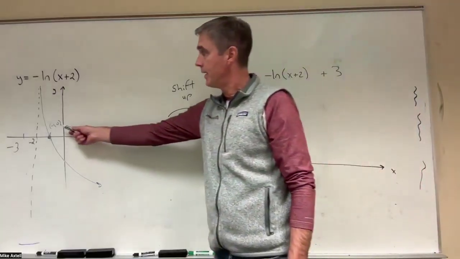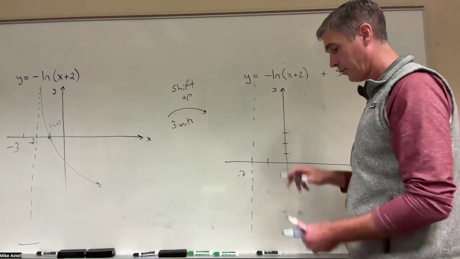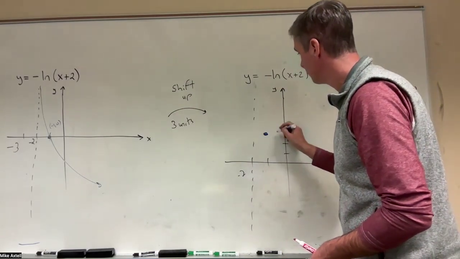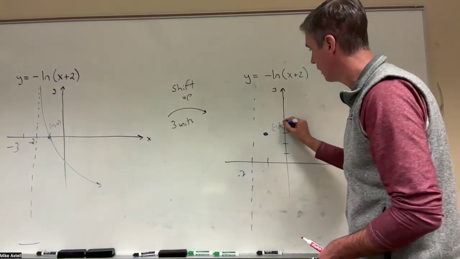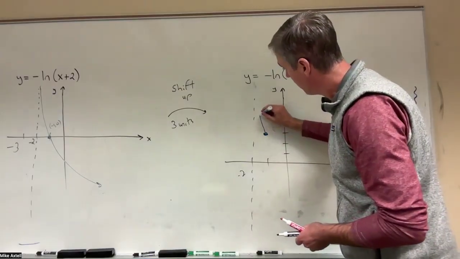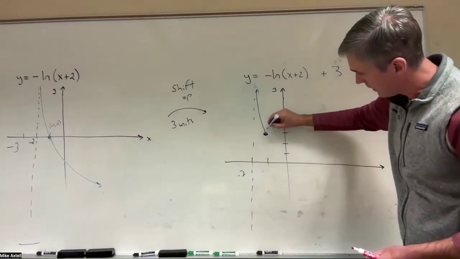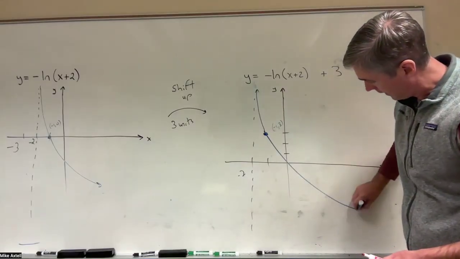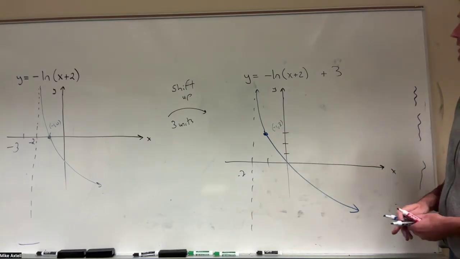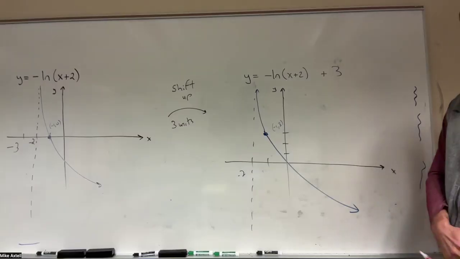That point that was at -1, 0, I now need to shift it up to -1, 3. So there I am at -1, 3. And that tail shifts up as well. So it looks like I go up my vertical asymptote there, and then I just drop down from there as I was before. And so that would be my final answer. That is the graph of negative the natural log of x plus 2, plus 3.